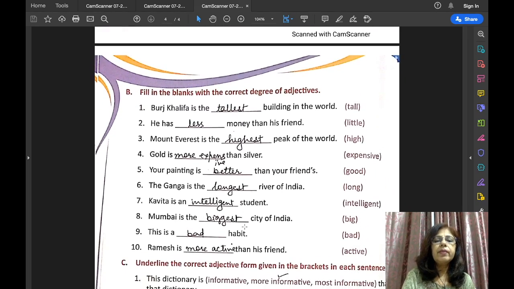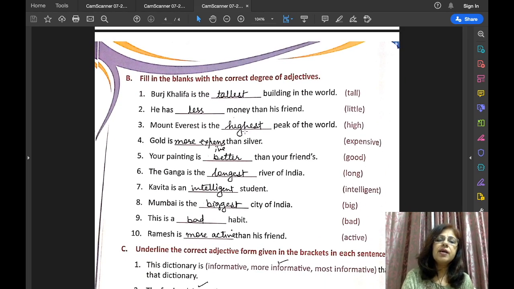Exercise B. Fill in the blanks with the correct degree of adjectives. So, the positive degree is given in the bracket and according to the meaning of the sentence, you have to use the correct degree of adjectives. So, you must know whether you have to use the positive degree or comparative degree or superlative degree.